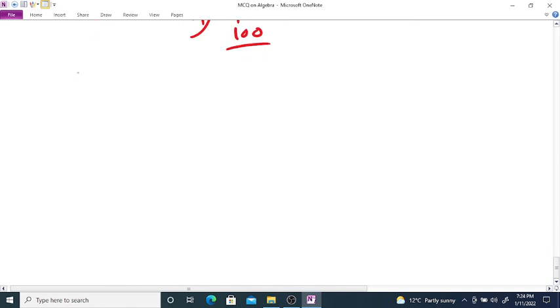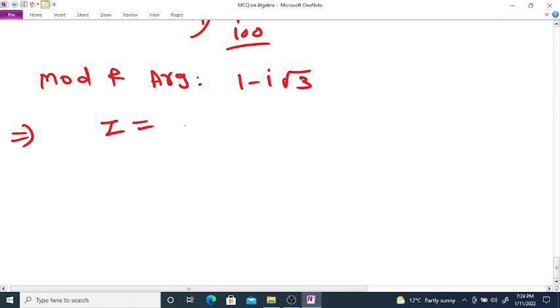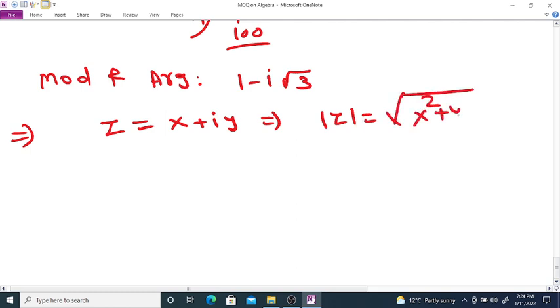Next, find the modulus and argument of the complex number 1 minus i times root 3. We know that if z is equal to x plus iy, then the modulus of z is equal to the square root of x square plus y square.